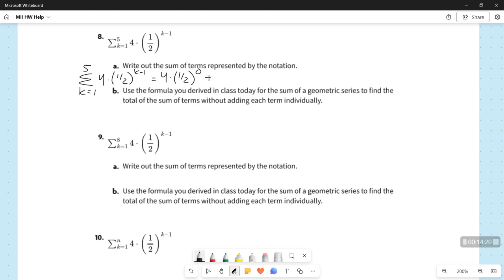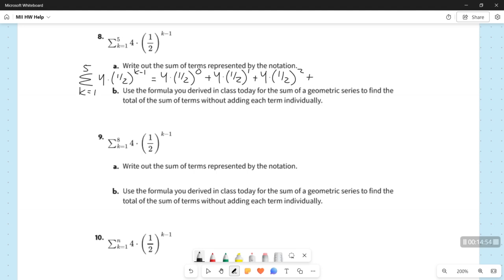It's sigma notation, so I add, and I do it again. 4 times 1/2 to the, now I started with 1, so my next input for k is 2, and 2 minus 1 is 1. Plus, again, 4 times 1/2 to the, my third input is 3. When I plug in a 3, I get 3 minus 1, which is 2.